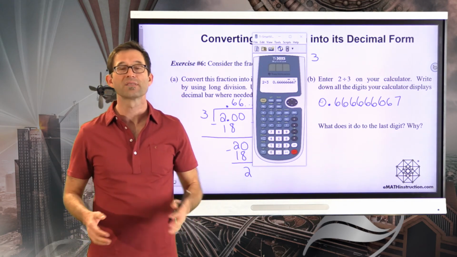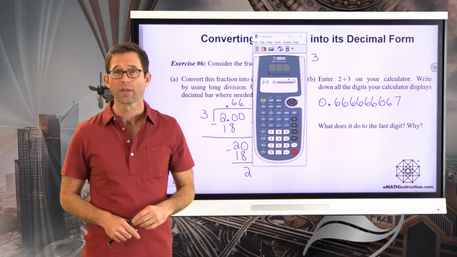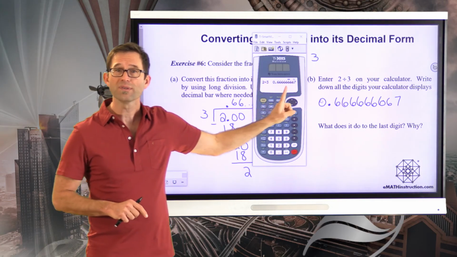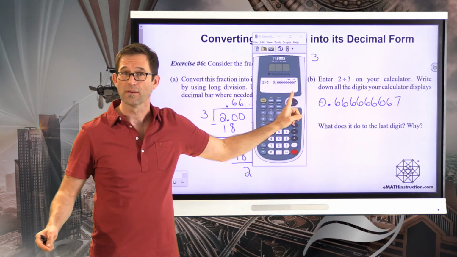Well, the plain fact is the calculator can't show you all those 6s going on forever because there's a finite amount of the screen. So what it always does to the last digit in any repeating decimal is round it.